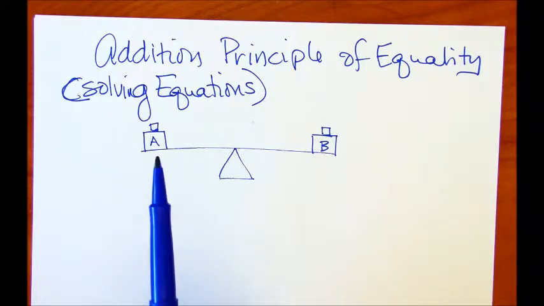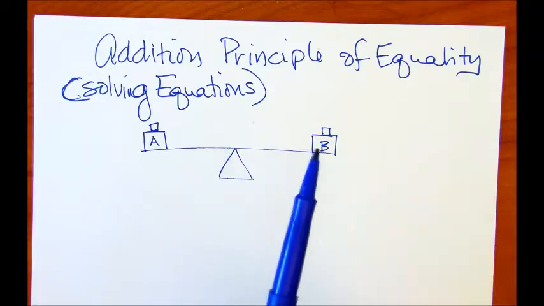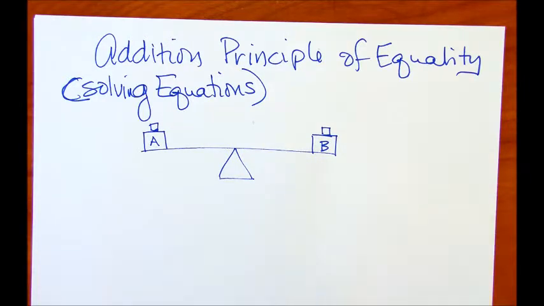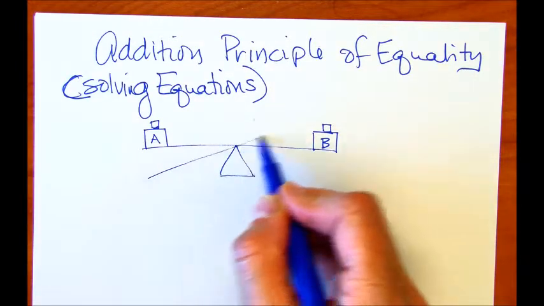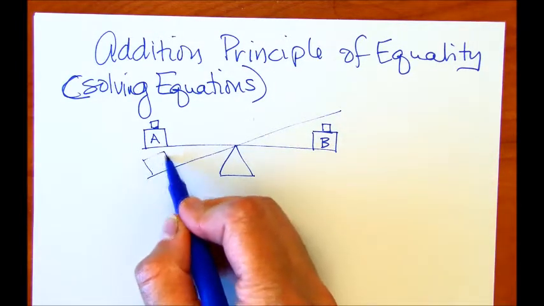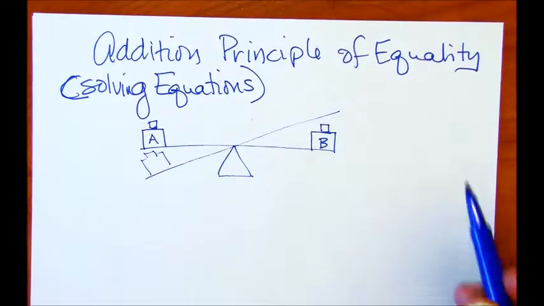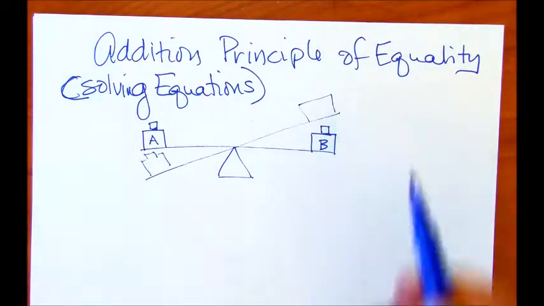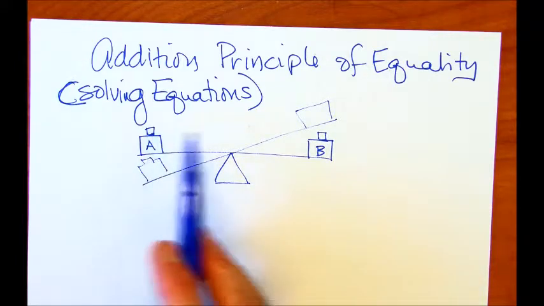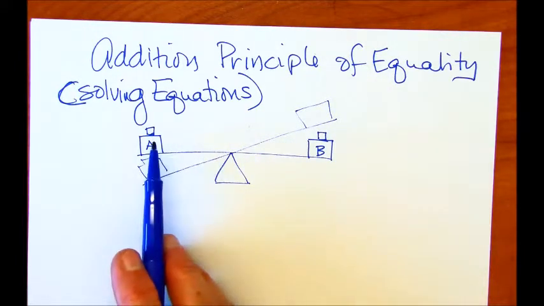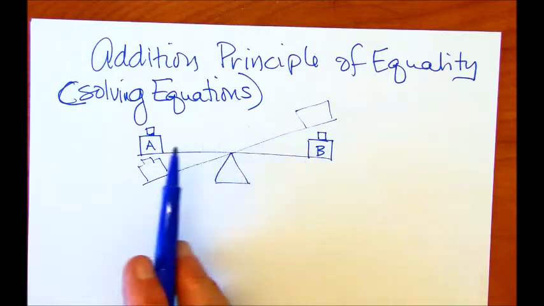If I added a box to this side but not over here, it would tip and look more like this because it would be heavier. But because we are adding the same amount to both sides, both sides will continue to be balanced.